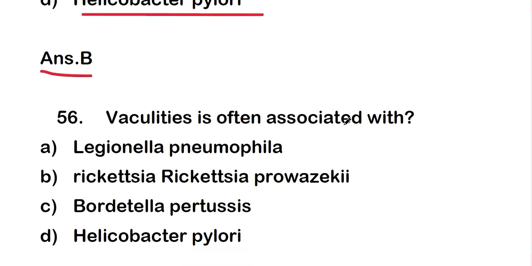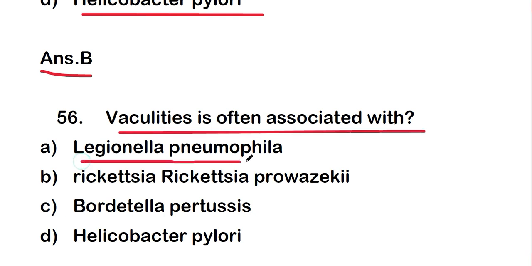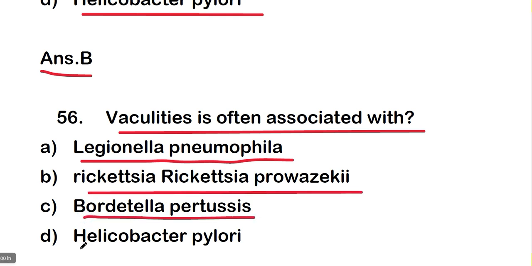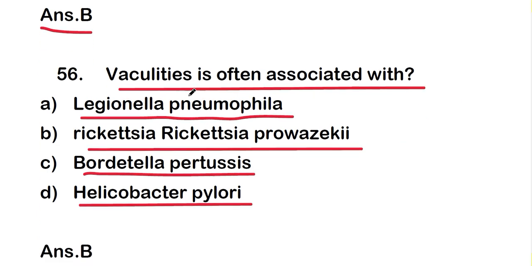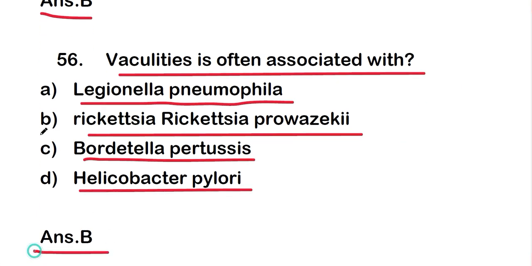Move on to the next one, question number 56. Vasculitis is often associated with option A, Legionella pneumophila, option B, Rickettsia prowazekii, option C, Bordetella pertussis, or option D, Helicobacter pylori. And the right one is option B, Rickettsia prowazekii, which is associated with vasculitis.